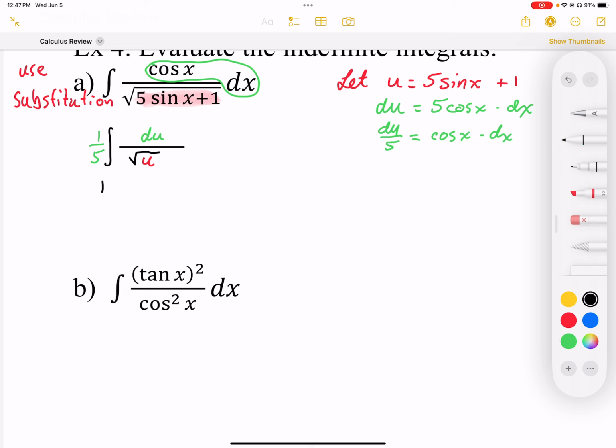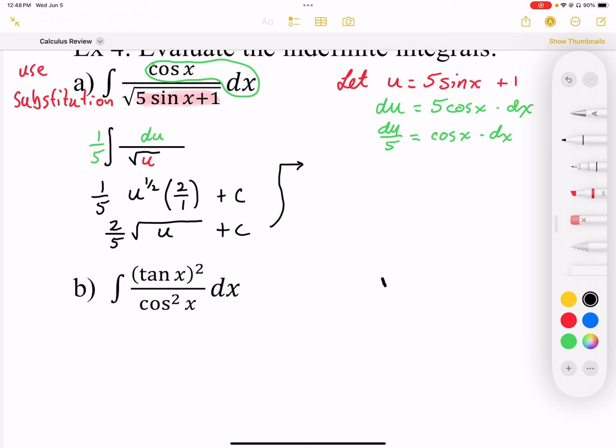So we end up with 1 over 5. Power negative 1/2 becomes u to the power plus 1, which is positive 1/2. We're going to divide by 1/2, so I'm going to multiply by the reciprocal instead of dividing by 1/2. And then don't forget the plus c. Cleaning up those coefficients, I get 2 over 5 for the fraction part, and then square root u plus c. Okay, just moving that up here.